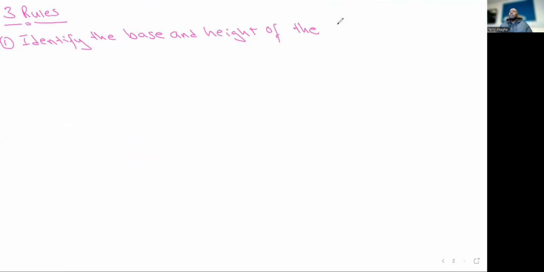You can use Pythagoras theorem, like I said, to find the third side if two sides are already known, okay?